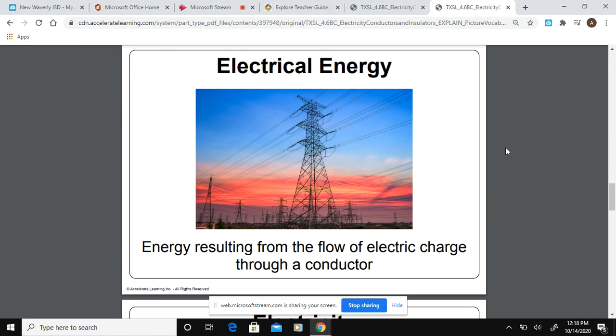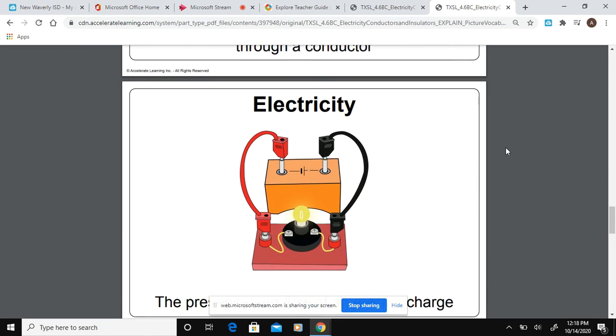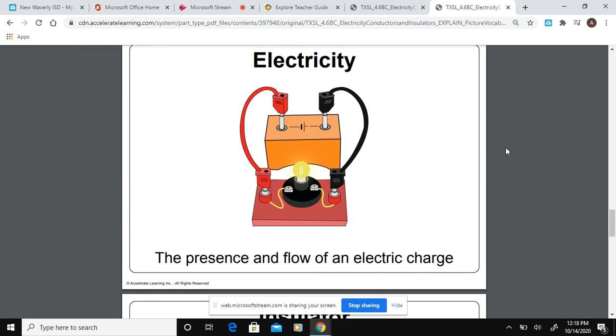Our next one is electricity. Electricity is the presence and flow of electrical charge.